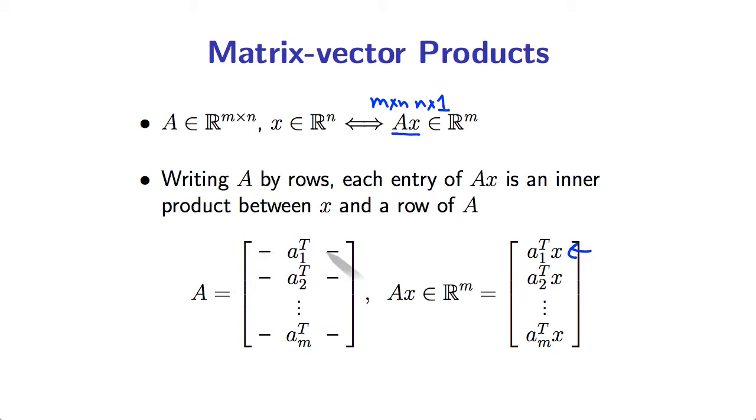Right? So we take each row of A, we form the inner product of A and x. So first A1 transpose times x, that's the inner product of A1 and x. Then A2 transpose x for the second element, all the way down to Am transpose x. And this way, every different element of this vector here is an inner product of x and a row of A.